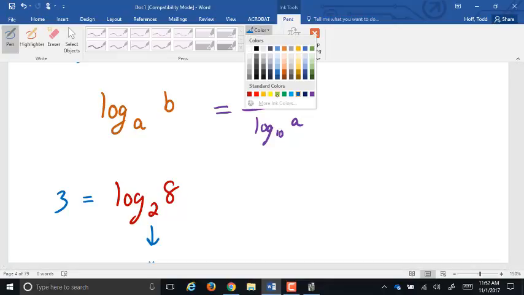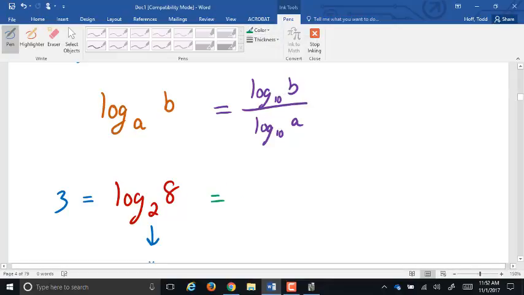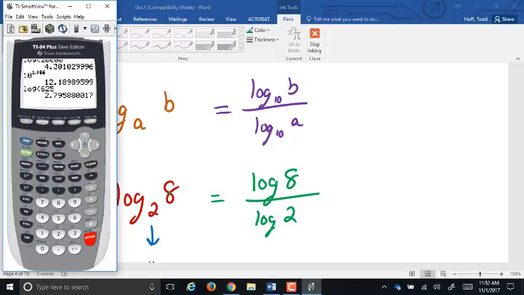But to use the log buttons on our calculator to do it, it's going to be log of 8, the number here, divided by log of the base, which is the 2, log of 2. So if we type in log of 8, make sure I close my parentheses, divided by log of 2, we should get 3. And we do.